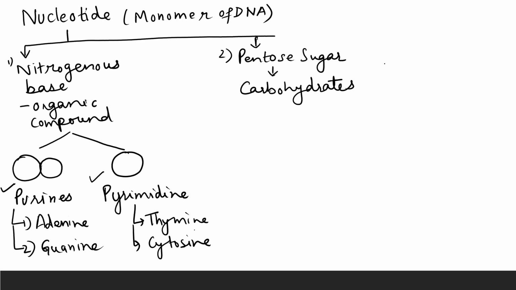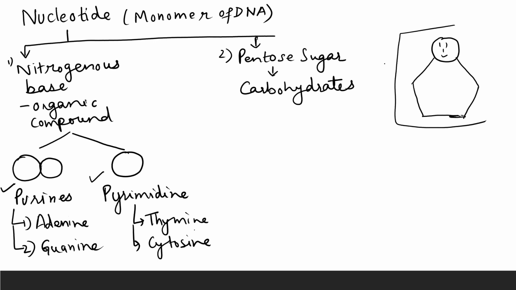So I'm making a structure of pentose sugar, right? This is a ring structure of a pentose sugar. Pentose sugar looks like this. There's no smiley in this, I just made it. So this is an oxygen, and this ring type structure is of pentose sugar. So this is just a simple structure of a pentose sugar.